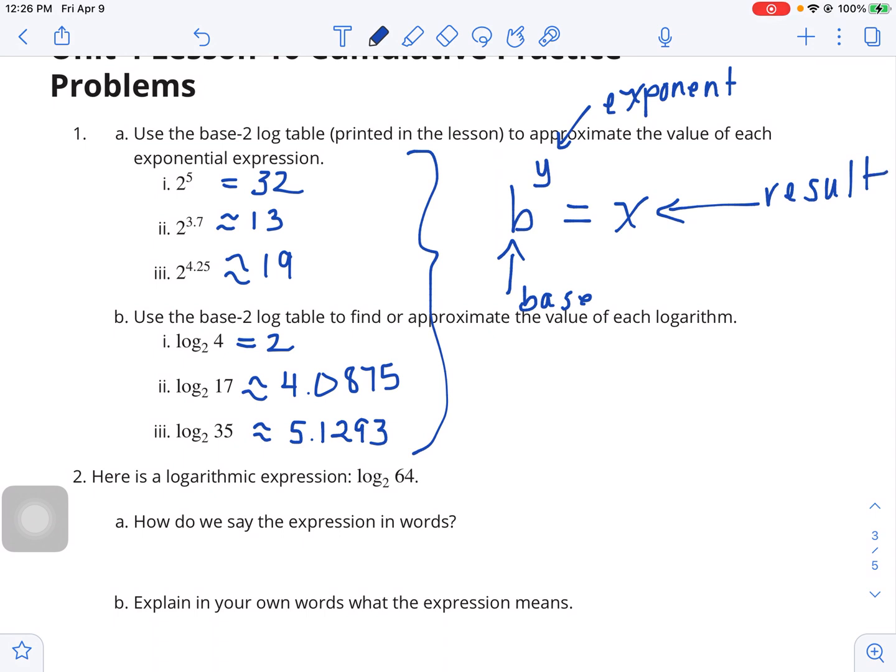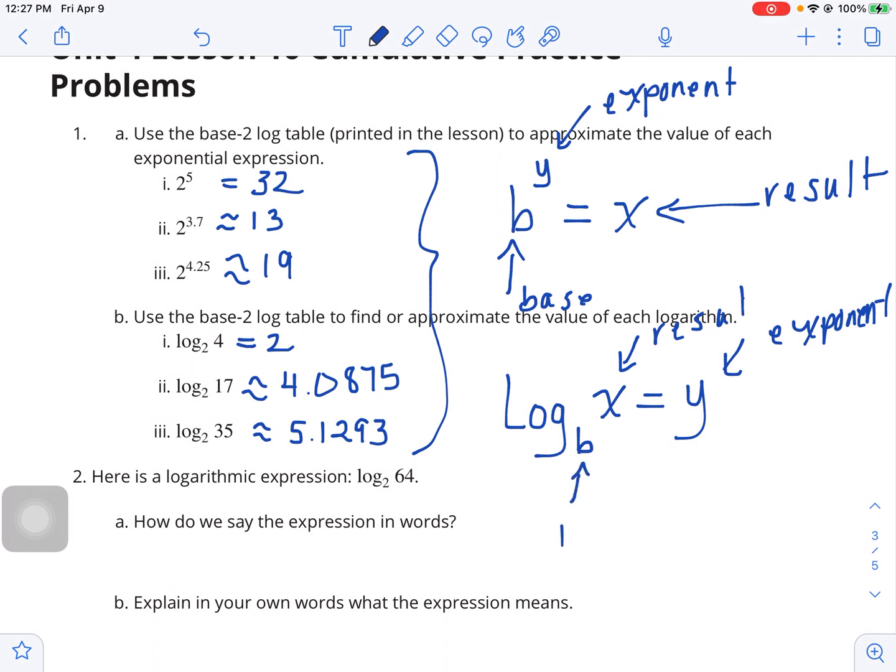And so to write that as a logarithm, the log, then base b goes down here, our result goes here, is equal to y, and that's our exponent. This is our result, and that's our base. When we take this base to the y exponent, we end up with x.